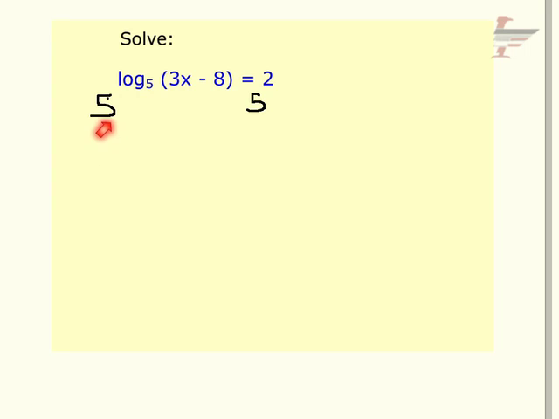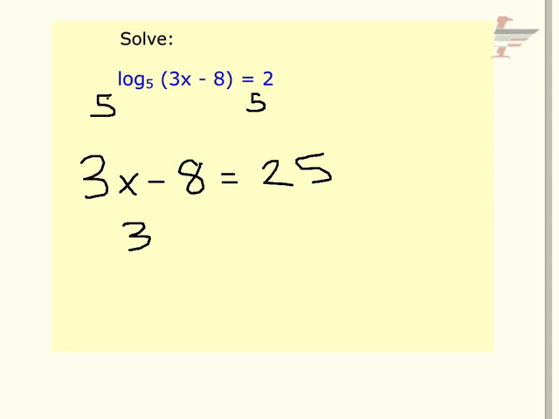Now, when you have a base of 5 as an exponential function and a base of 5 in the log, those 5s, remember, according to our inverse properties, cancel each other out, and hence I'm just left with 3x minus 8. On the right-hand side, 5 squared, well, that's easy, that's 25.